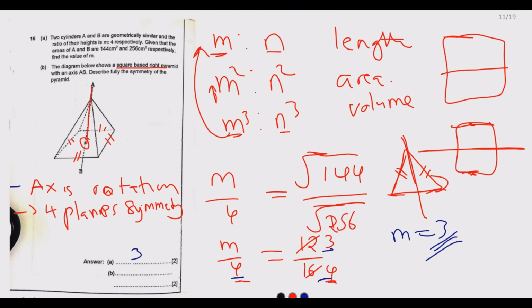So let's move to our last question, question number 17. In the following diagram, A, B, C, and D are points on the circumference of the circle with center O. BD is the diameter. AD is equal to SC, and angle BDC is equal to 22 degrees.